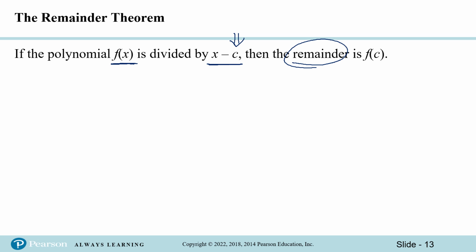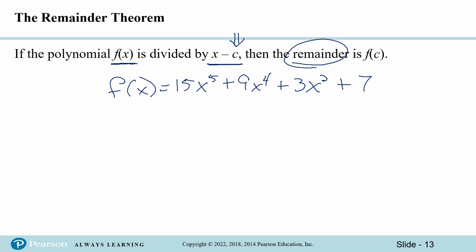How would we use this? Let's suppose I have a function f of x equal to, I don't know, 15x to the 5th plus 9x to the 4th plus x squared plus 7, whatever, right? And I want to find f of 2017 for whatever reason.